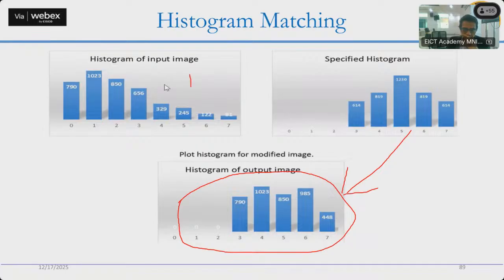This is the idea. So where did the transformation come in? The transformation has come in this image. Earlier this image, and now this. Any questions? What an interesting result.